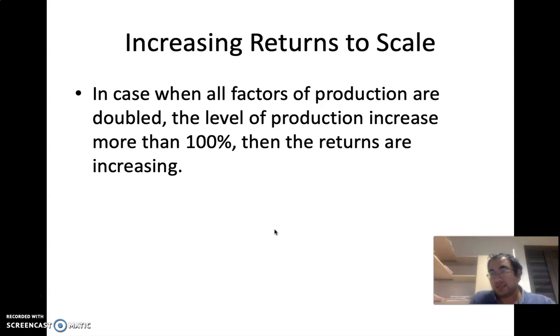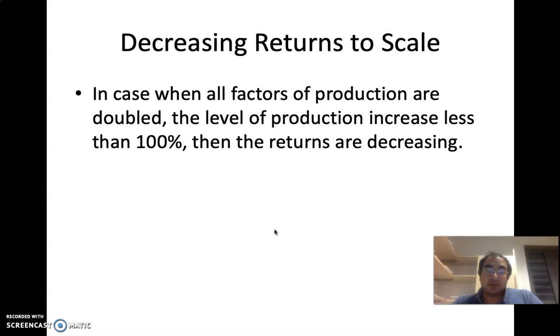So when you increase scale, your returns are more than the amount you increase your scale. Another way to define it could be when you produce 10 units and decide to produce 20 units, these additional units will cost you less than the initial 10 units, in the case of increasing returns to scale.